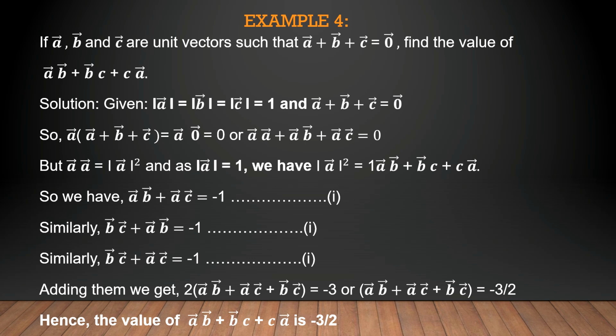Similarly, by multiplying by vector B and multiplying by vector C, we will be getting two more equations. You just add these three equations, so you will be getting 2 into (A·B plus A·C plus B·C) is equal to minus 3, or A·B plus A·C plus B·C is equal to minus 3 by 2. Hence, the value of A·B plus B·C plus C·A is equal to minus 3 by 2.